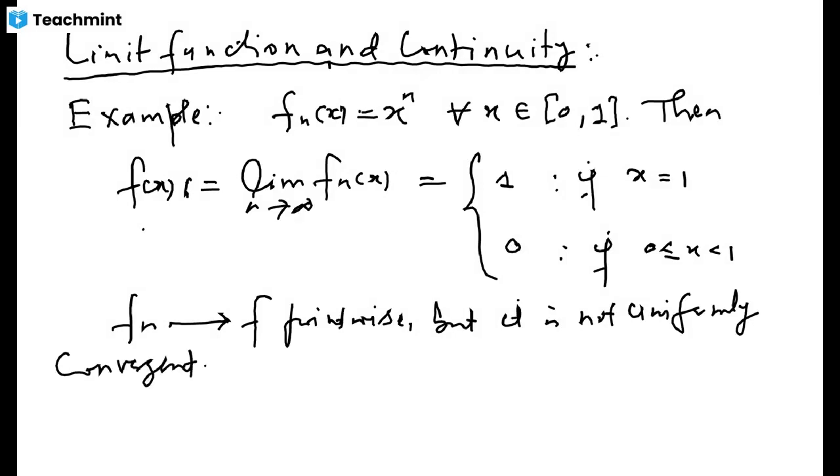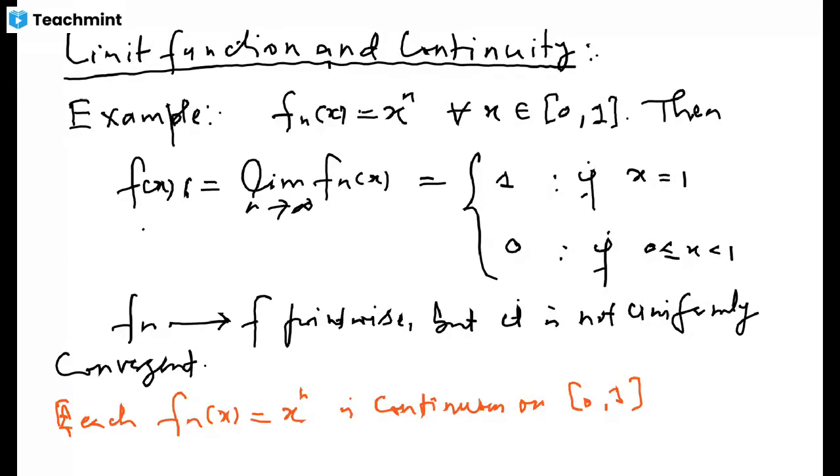Now, what you have to observe here is the following. Each function f_n(x) = x^n is continuous on the closed interval [0, 1].